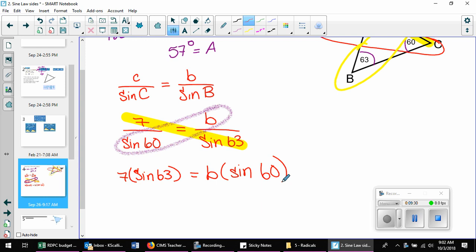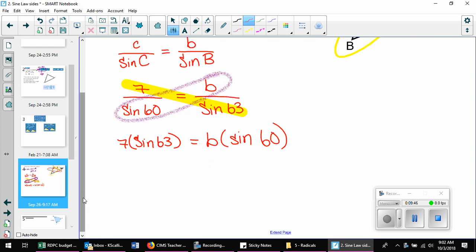All right, so I'm here. That's exciting, but I haven't solved for anything. I don't put these into decimals right away because you should be using all your decimal place values. So I want B by itself. The opposite operation is to divide by sine of 60.